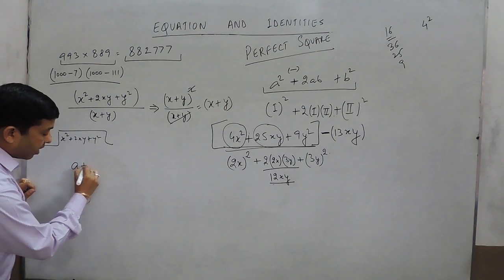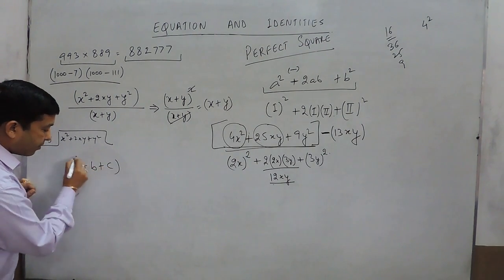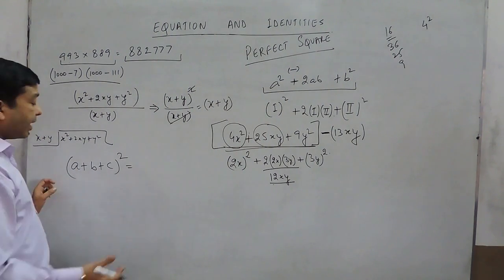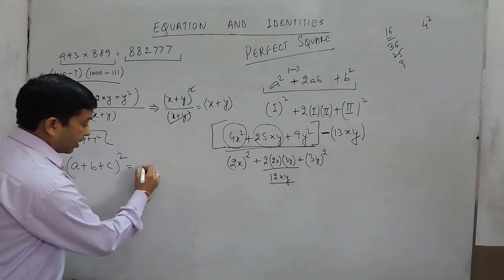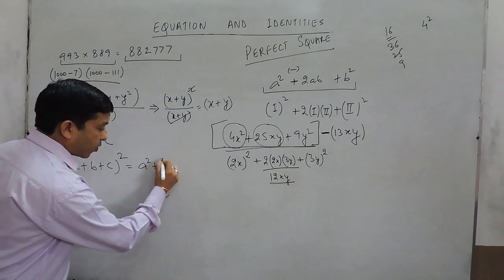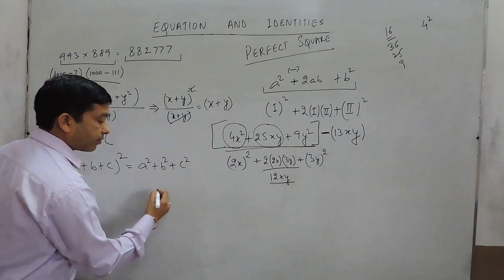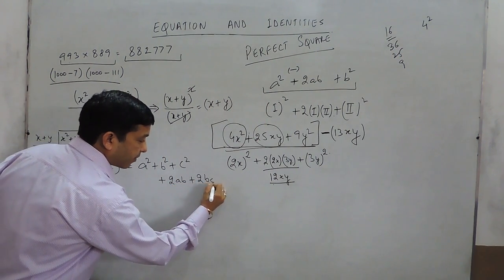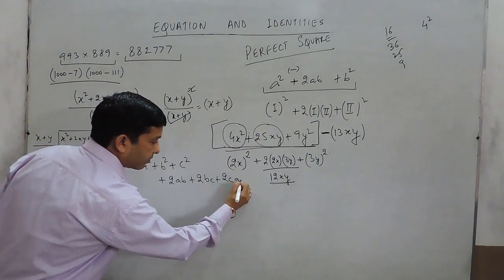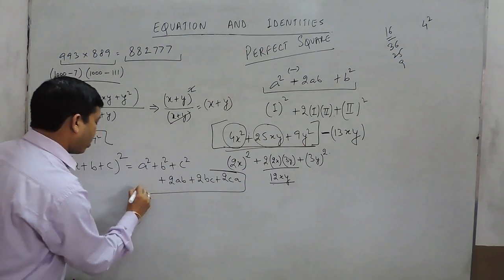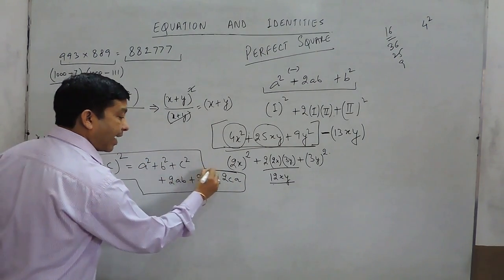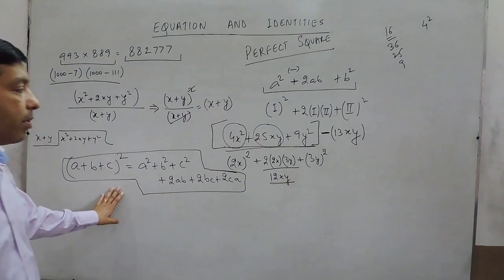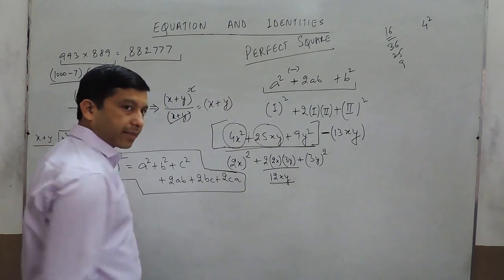When I talk about 3 variables like a plus b plus c whole square, again there is an identity for this, that is a square plus b square plus c square plus 2ab plus 2bc plus 2ca. This is also known as another identity which is there for 3 variables instead of 2 variables like x and y in this case.